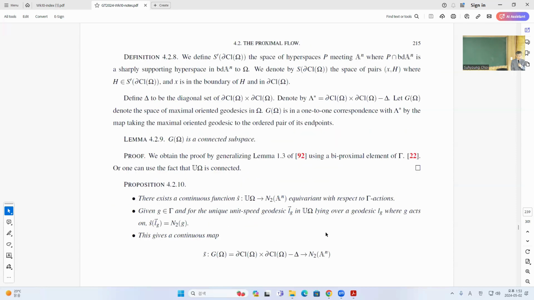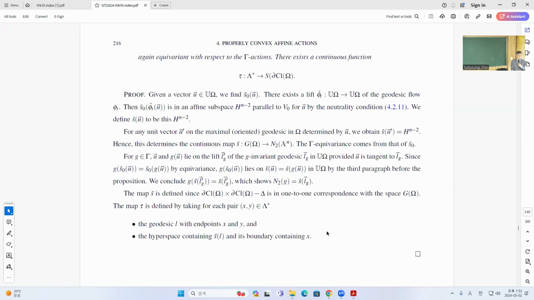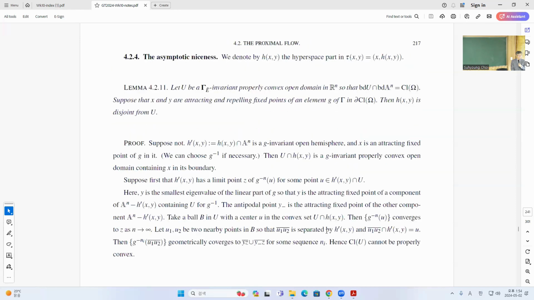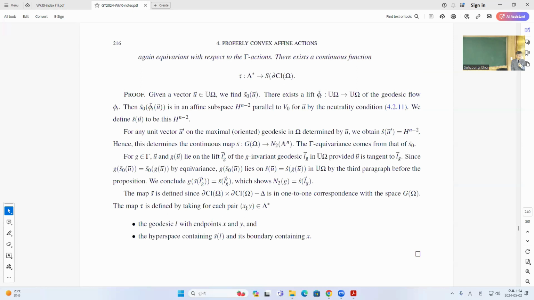Why? Because it doesn't depend on, so for a geodesic, you can define this map tau for each pair in this lambda star. So what is lambda star?